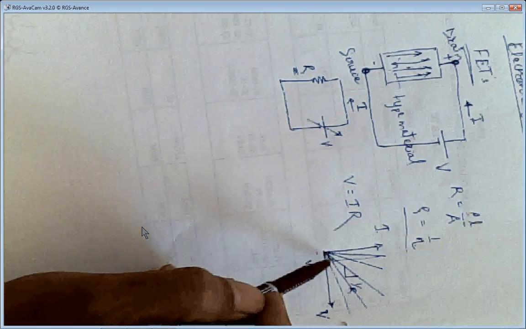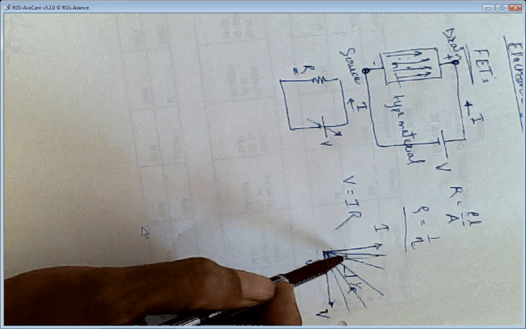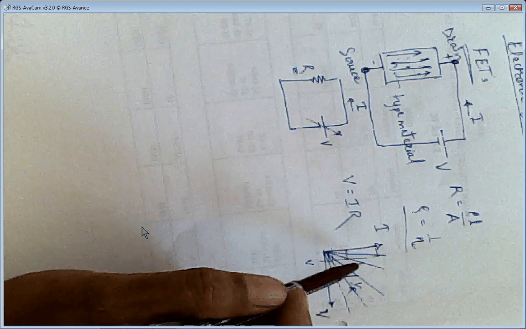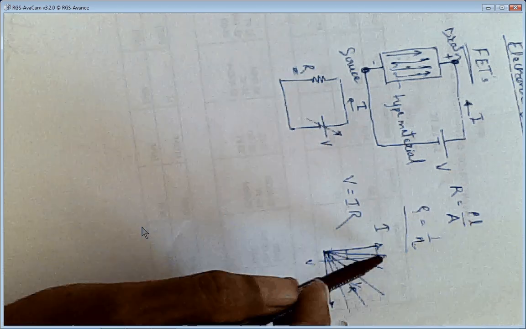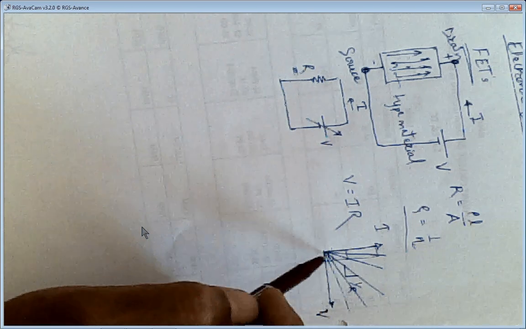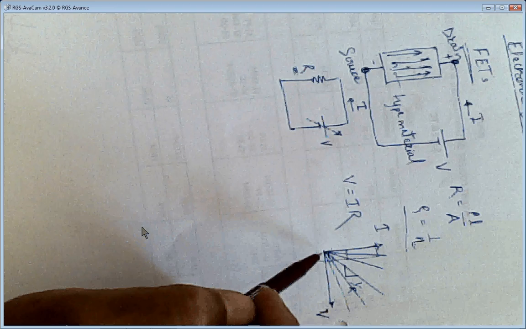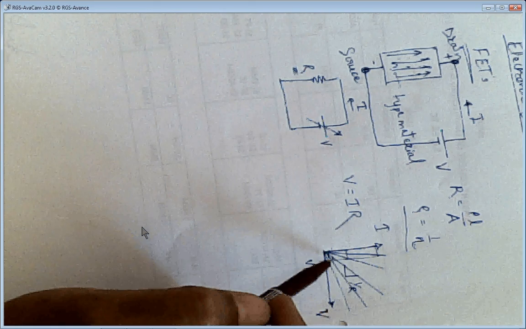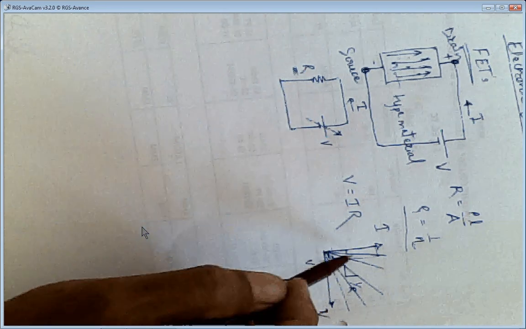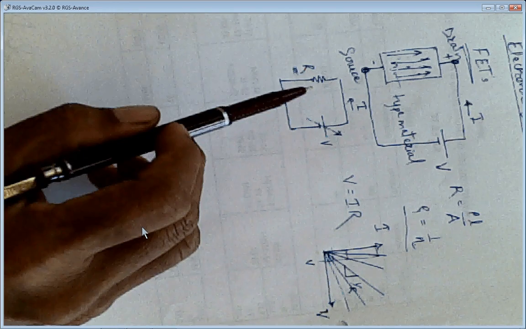As resistance is decreased, the current goes on increasing, and the V-I characteristic graph becomes more and more straight. So this is the characteristic you will find if you go on changing the resistance.